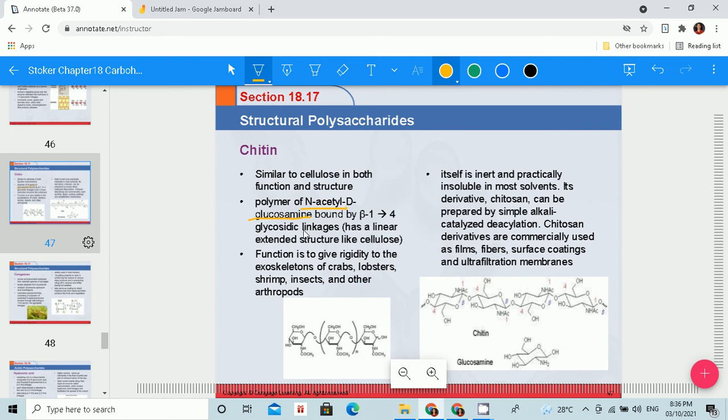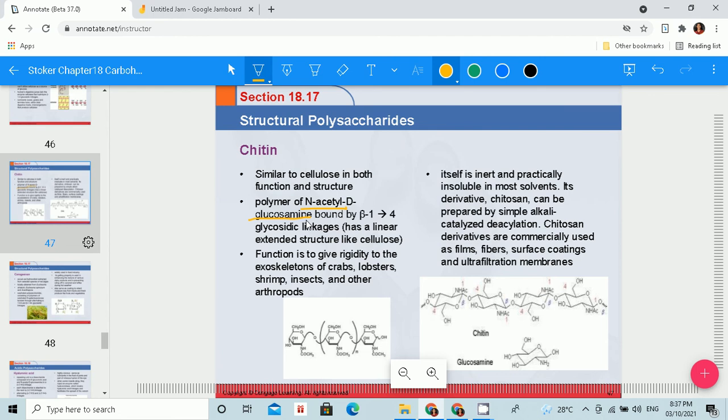So this is a glucosamine. Again, the monomer unit in chitin is glucose, and it has, however, an amino group.